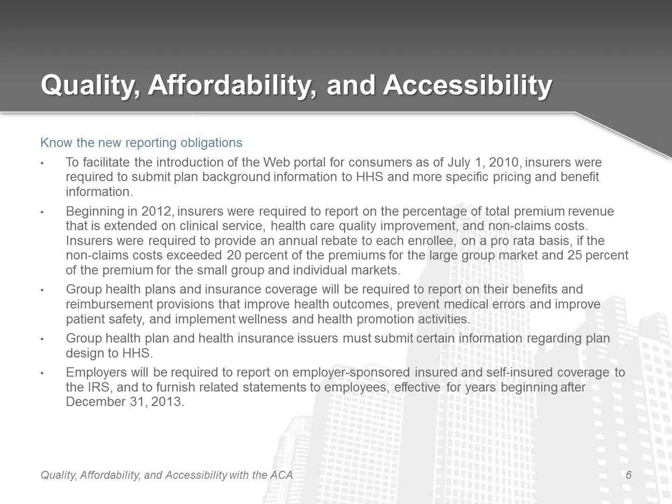That information is not being uniformly produced. Number 4, group health plans and health insurance issuers must submit certain information regarding plan design to HHS. I believe that's begun, but that is certainly not anything where we can see that yet or see the benefit of gathering that information for the public.